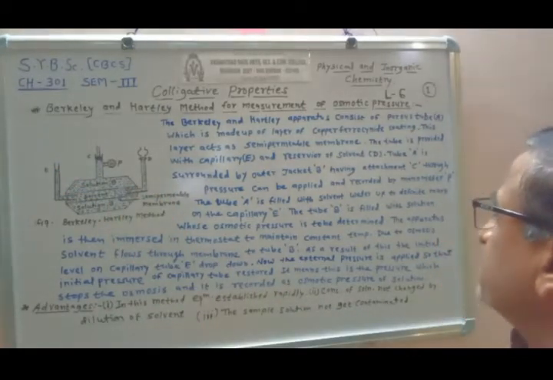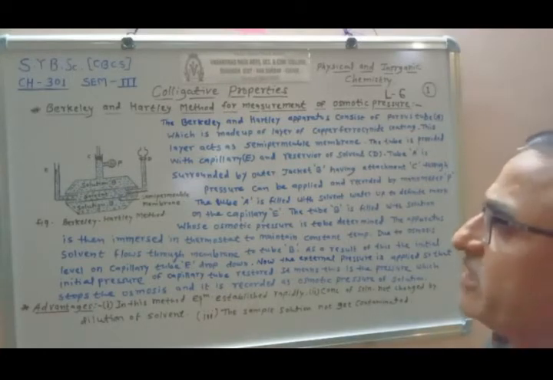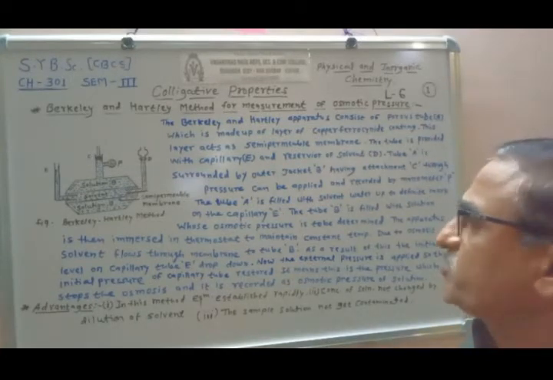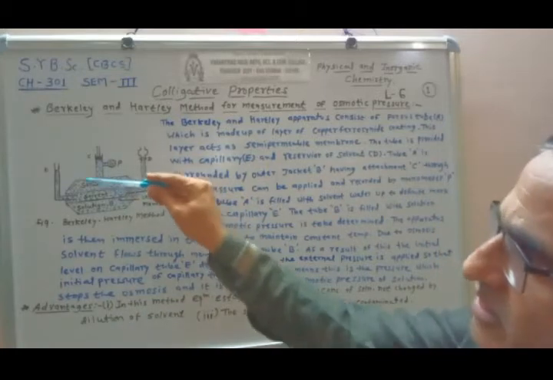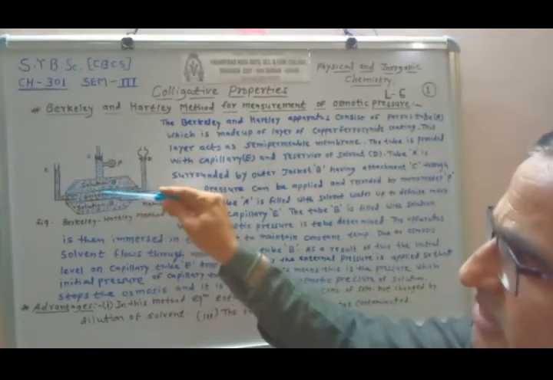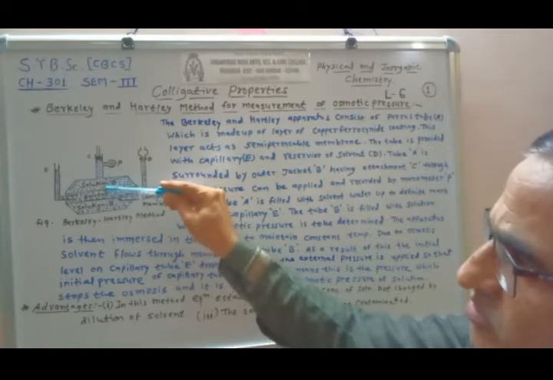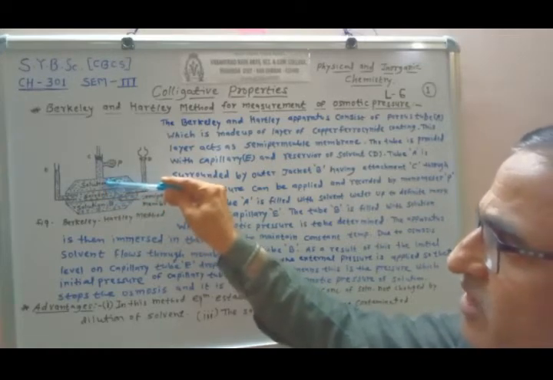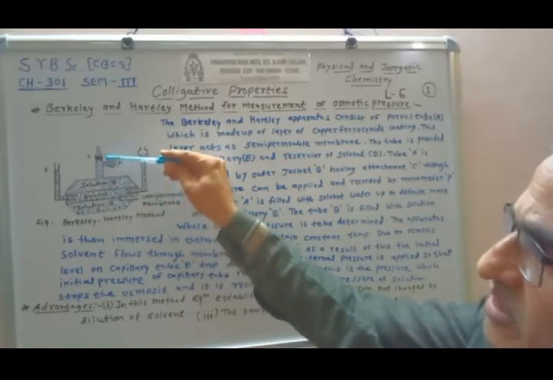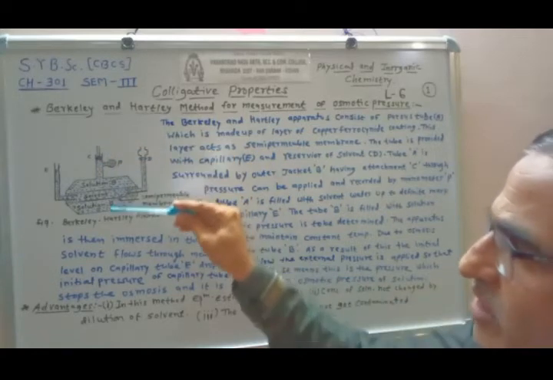Now the external pressure is applied so that the initial level of the capillary is restored. So when the osmosis takes place, the solvent flows through the semi-permeable membrane to the solution and the level of the piston moves up. Now we have to restore this.